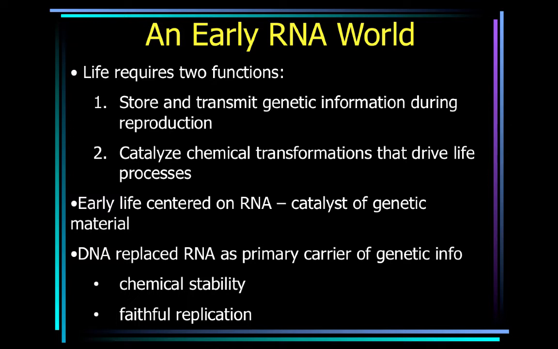That was because DNA honestly was more stable, and we talked about why it was more stable in chapter 10, so I encourage you to review that if you don't have it on the top of your brain. And then DNA was faithfully replicated through the process of DNA replication, which you now know all about.